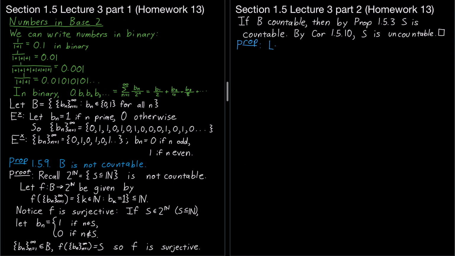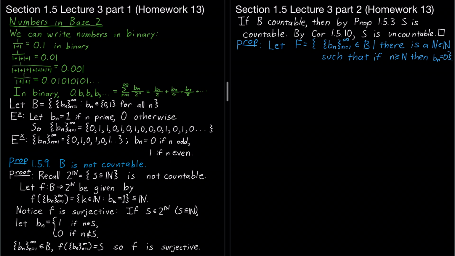Let F be the set of all sequences in B such that there exists a natural number N such that if n is bigger than N, then Bn equals 0.